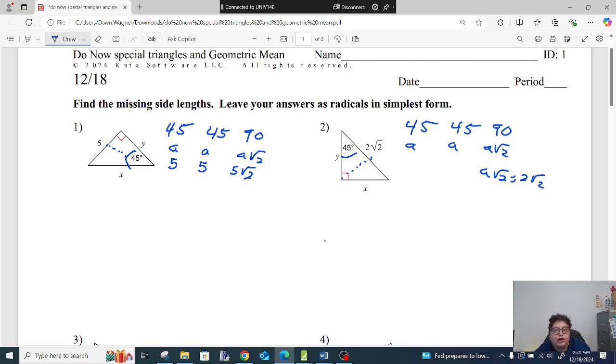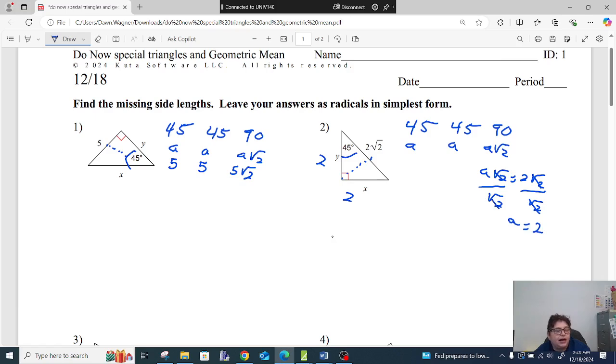Now, you didn't have to show this work if you didn't want to. If you could just look at it and go, oh, 2 and 2, that's fine, because the goal is for you to learn the patterns. But if you didn't know, you would just divide by square root 2, and these 2 square root 2's cancel out on each side, so a equals 2.